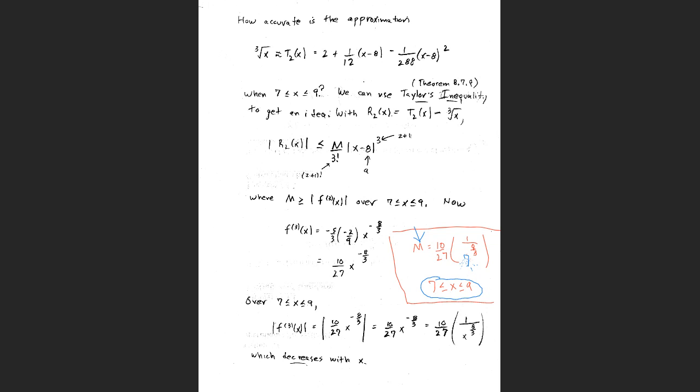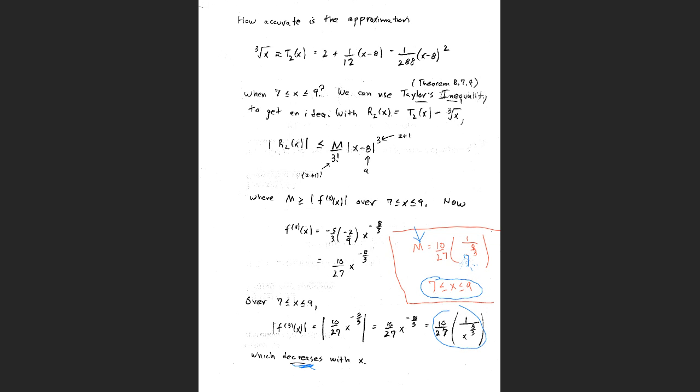And why would it be smaller? Why would m be smaller with x equals 9, Renaud? Good. So what Renaud's saying is this: our third derivative decreases with x.